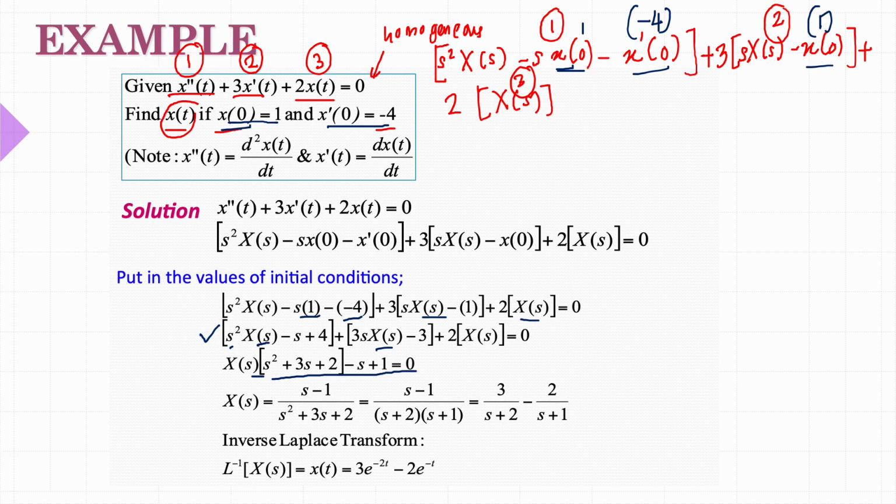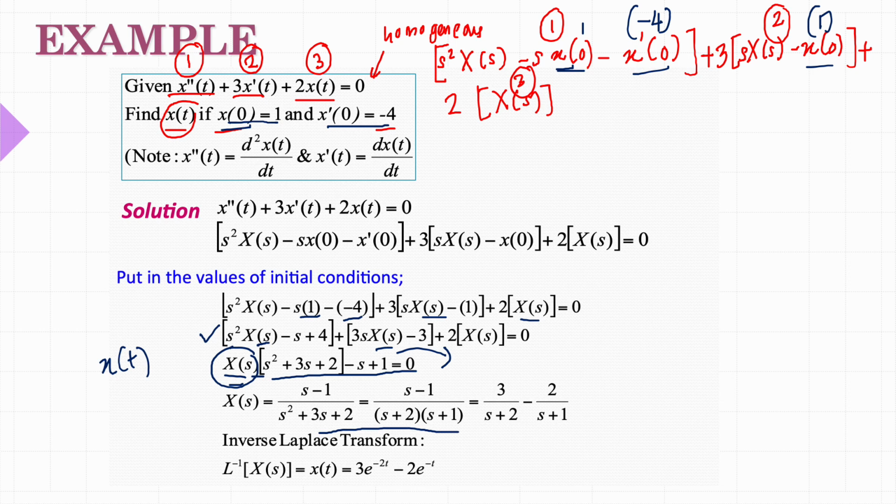Since we need to determine x(t), we need to find the value of X(s) first. So we bring it to this side, and it becomes (s - 1) over (s squared + 3s + 2).